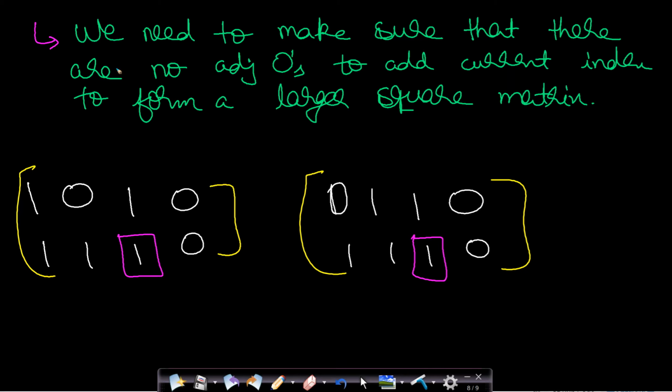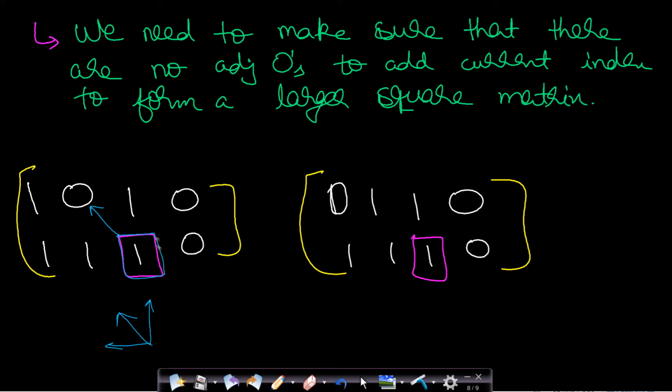Now let us see the next point. We need to make sure that there are no adjacent zeros to add the current index to form a larger square matrix. So the first condition is you need to have ones in all these three directions in order to be able to expand the size of the square matrix. So when you are at this one, you can see that in this diagonal direction there is a 0.